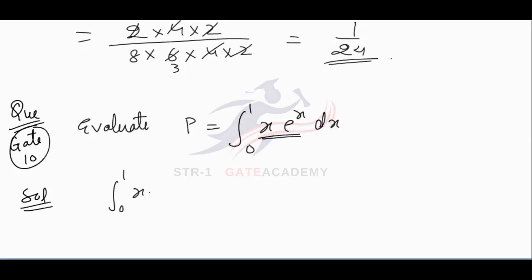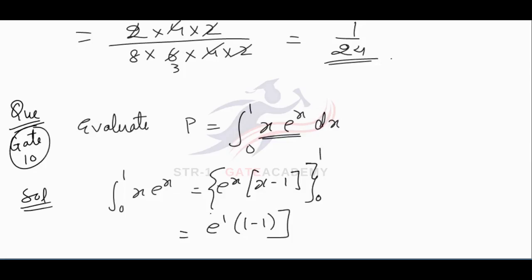Integration 0 to 1 of x e raised to x, I can directly write it down. How? e raised to x into (x minus 1), very simply. And the limits will be 0 to 1. When I put 1, e raised to 1 into (1 minus 1), minus, when I put 0, e raised to 0 into (0 minus 1).